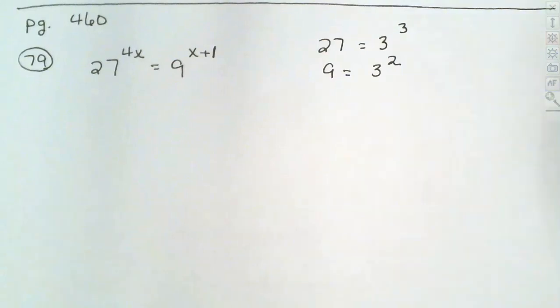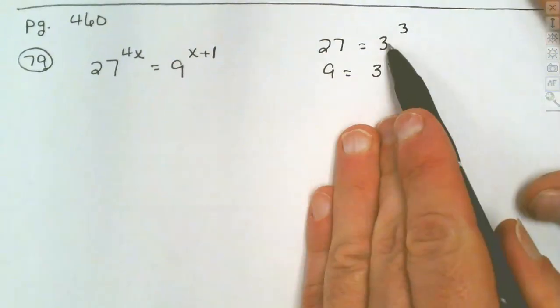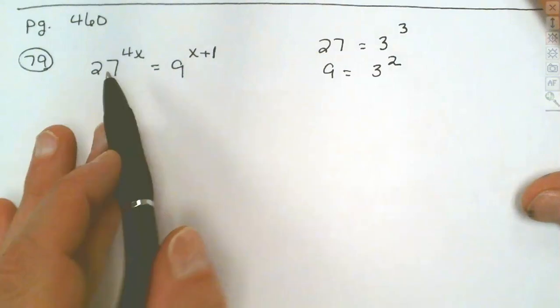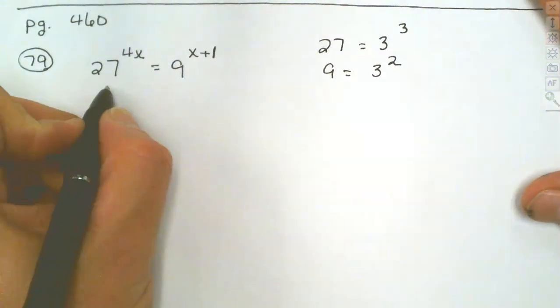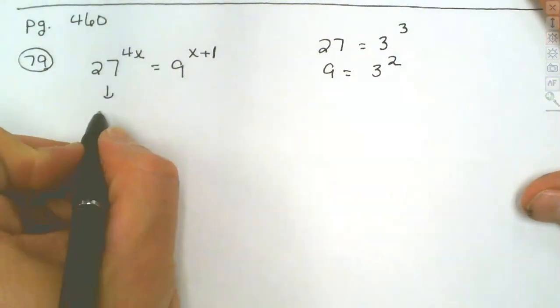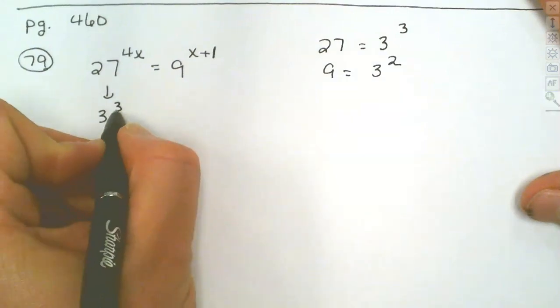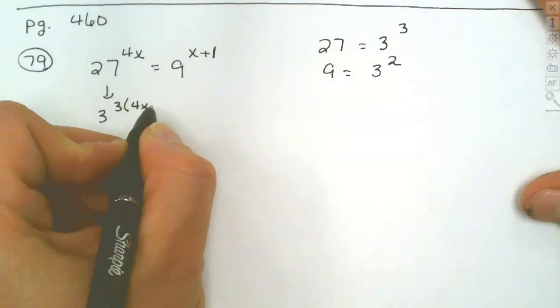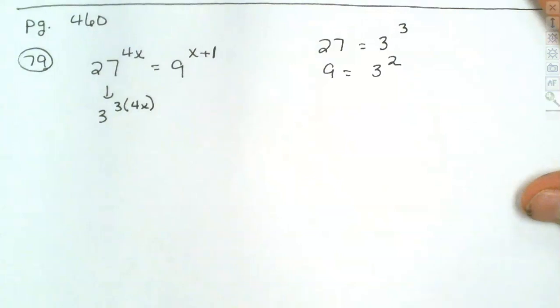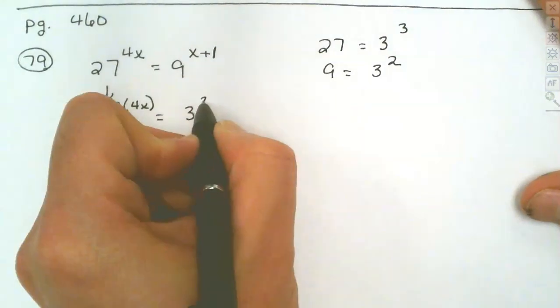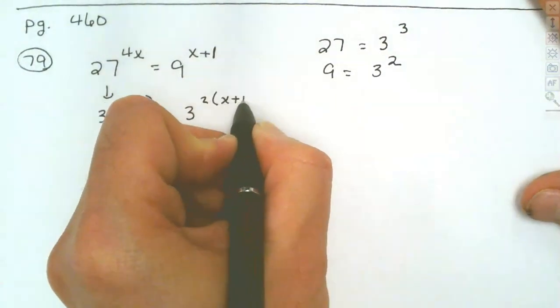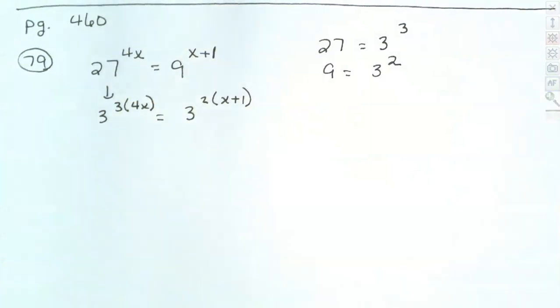So now we can rewrite both of them. Our common base is going to be a 3. So we can take this 27, and we can write that as 3 cubed. Now, the exponents are going to multiply together, so you just bring that 4x down with it. And then what about the 9? Well, 9 is 3 squared. Now we have a common base, don't we? Common base is a 3. You have to have a common base.